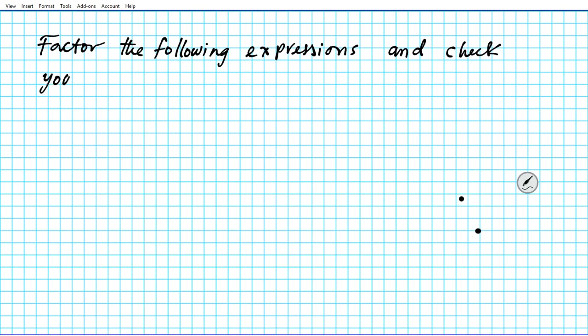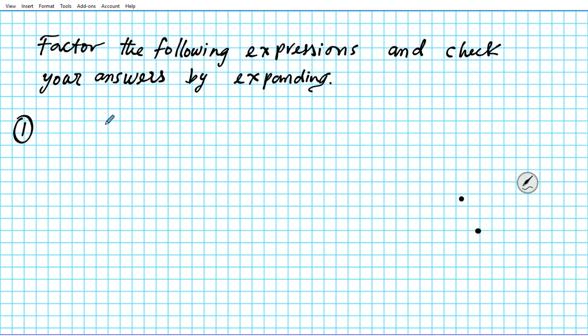Check your answers by expanding. So we're going to factor the expression, and then whatever result we end up with, we will check the accuracy of that result by expanding the factored state. Now let's take a look at question number 1.